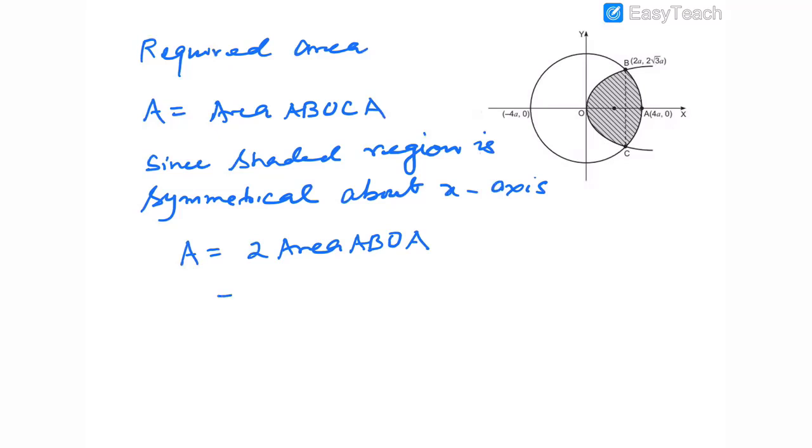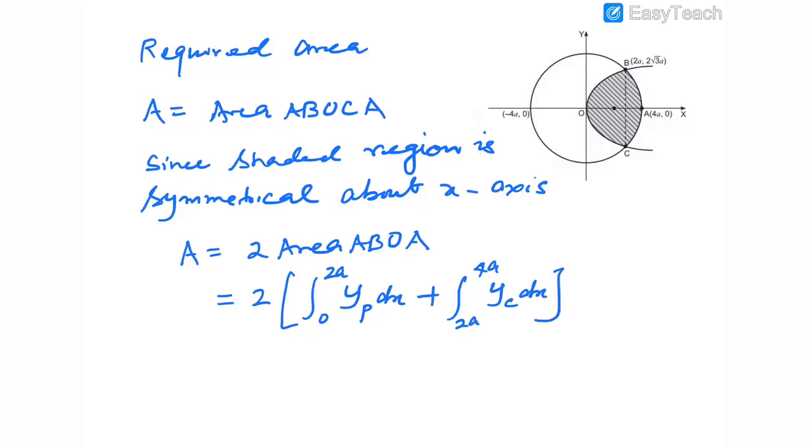Therefore, we have 2 times integration from 0 to 2a, this area under the parabola. So we write y from this parabola, and from the point 2a to 4a, this area is under the circle. So here we take y from the circle.